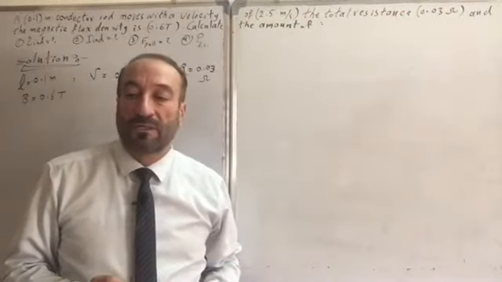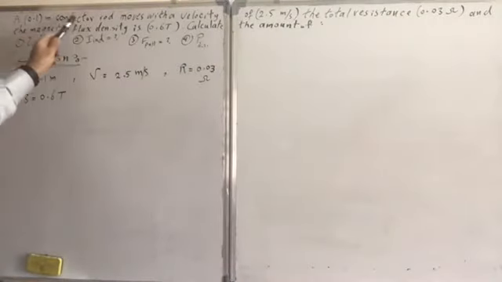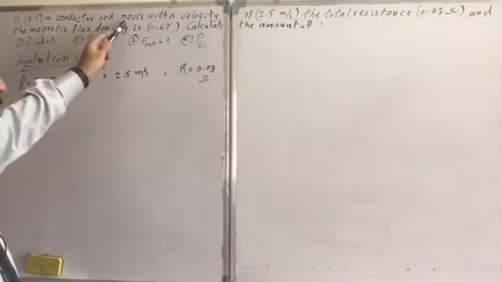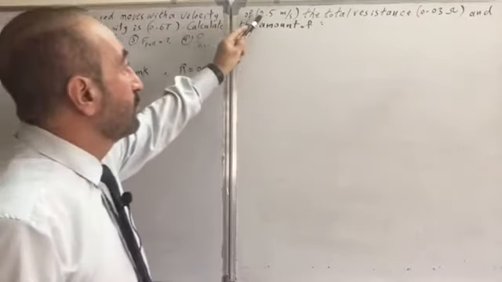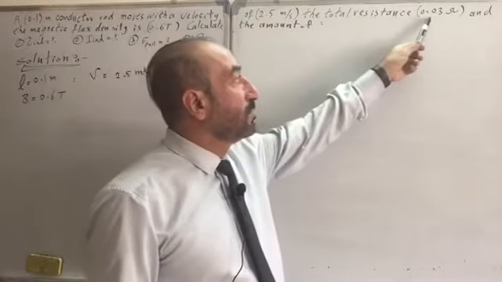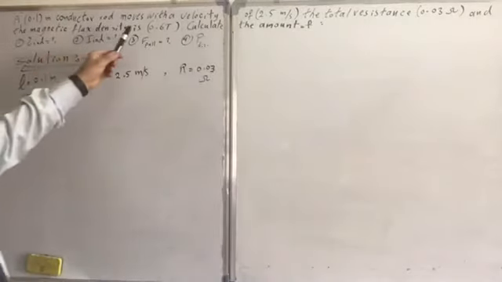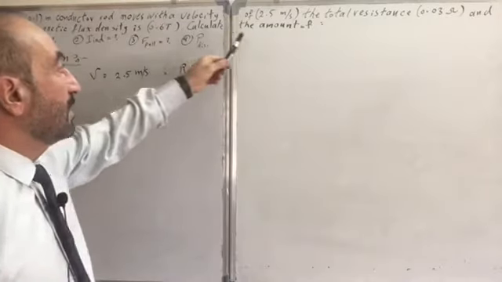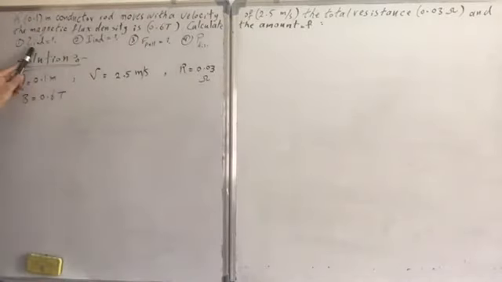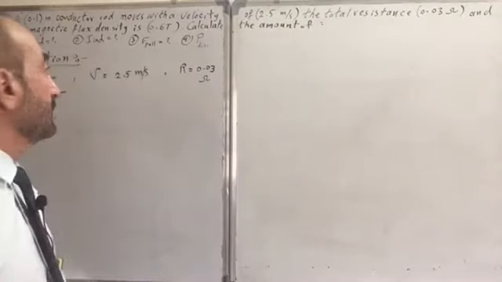Another question says, a 0.1 meter conductor rod moves with a velocity of 2.5 meter per second. The total resistance is 0.03 ohm and the magnetic flux density is 0.6 Tesla. Calculate the amount of E induced, I induced, F pull, P dissipated.